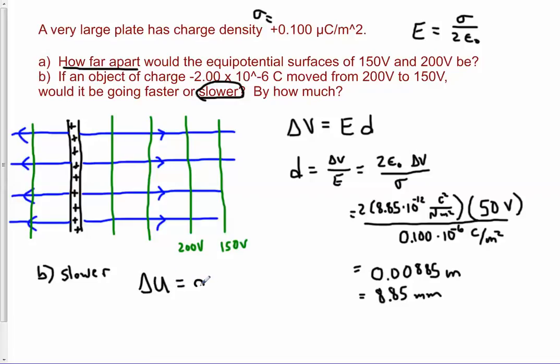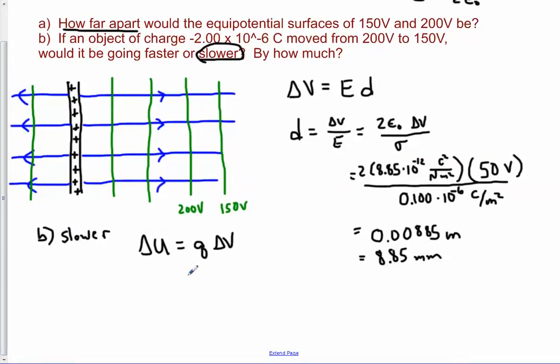change in potential energy is Q times change in potential. All right, so we have the charge, and we have the change in potential, and the charge goes in as a negative, and because we're going down, we're going from 200 to 150, our delta V I can put in as a negative 50 volts. I didn't worry about that back here because we were just doing magnitudes up here.